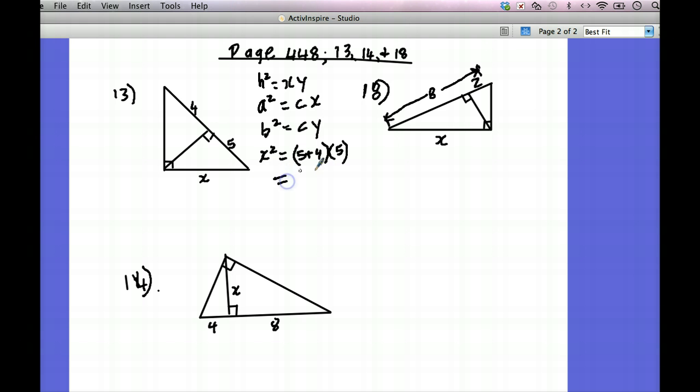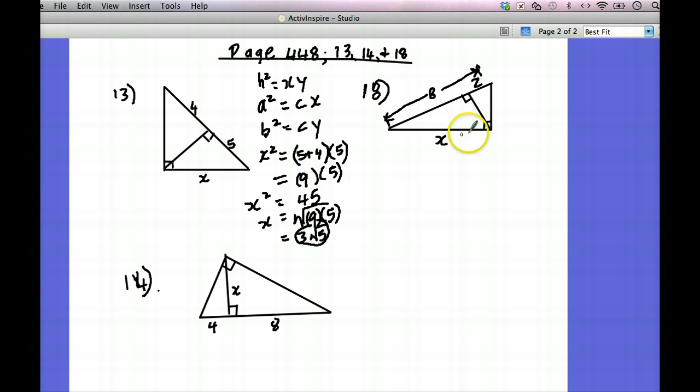So we work that out, and we get 9 times 5. So x squared is going to be 45, and x would be the square root of 45, or I'm going to write it back as 9 times 5 since 9 is a perfect square. So our answer here would be square root of 9, which is 3, times square root of 5, which is a prime number. We can leave it like that. Or you could do square root of 5 times 3 and work that out as a decimal. Alright?